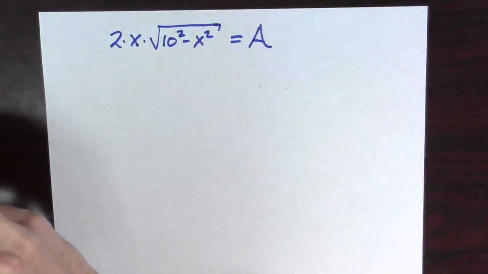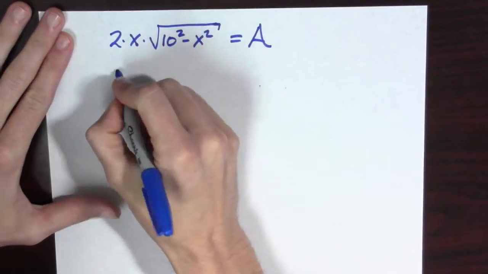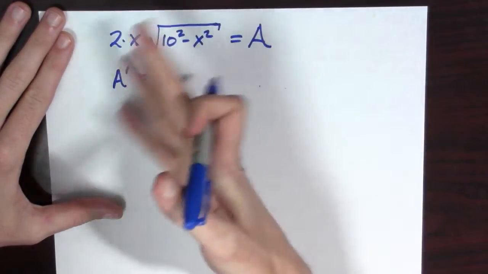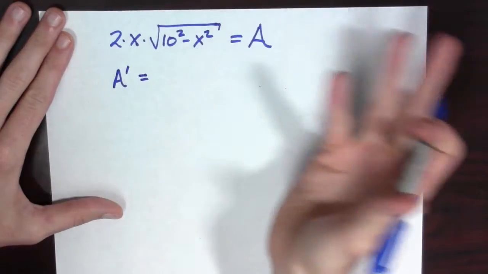And one of the best things to do when you want to maximize something is you take its derivative. So A prime is equal to, well, look at this. I'm going to have to use the product rule here.